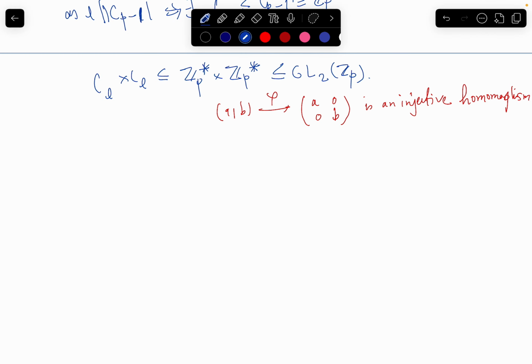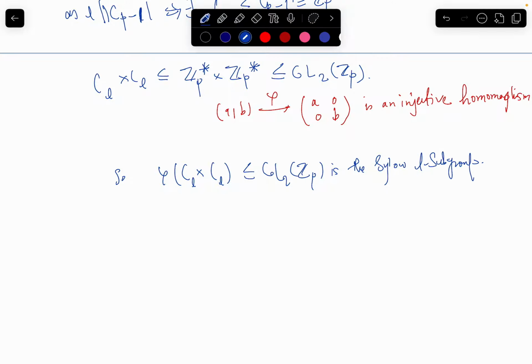The image of this homomorphism, phi of C_l cross C_l, which is a subgroup of GL_2(Z_p), is the Sylow l subgroup. So yeah, that's it.